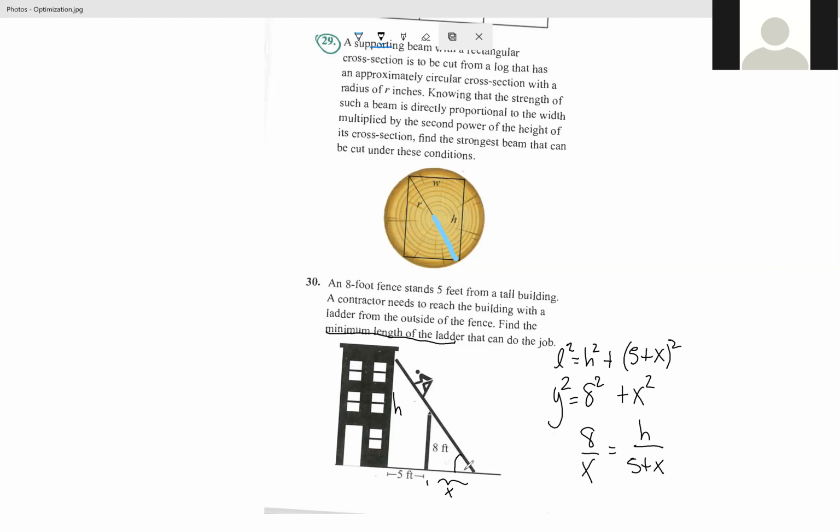So that's actually where this thing comes from, right? Because if I said the tangent of that angle would have to equal x over 8, or 8 over x, and then another one would be 8 over 5 plus x. Okay, that makes sense.